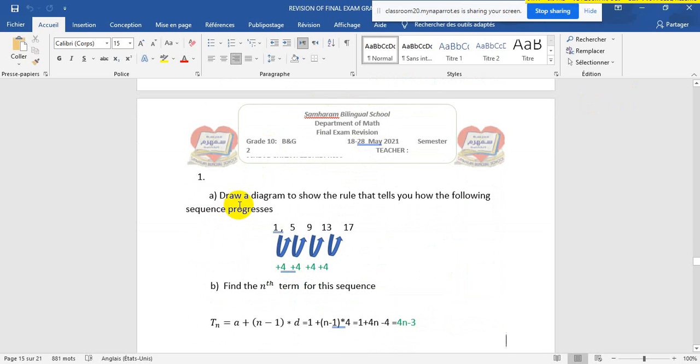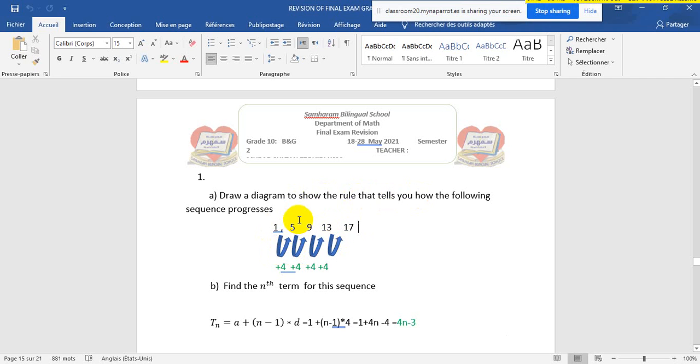The question is, draw a diagram to show the rule that tells you how the following sequence progresses. We have 1, then 5, then 9, then 13, then 17, and the sequence will continue. So to show the rule, you will make this diagram.